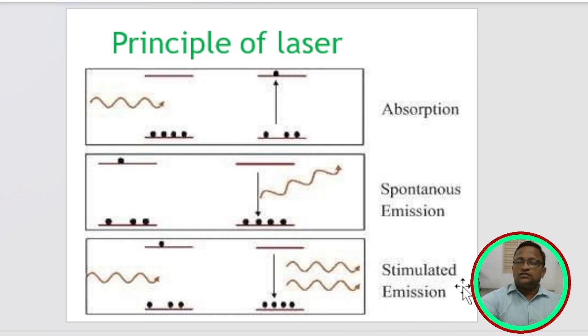It is called stimulated emission. So, the main principle of laser emission is based on the stimulated emission process. Why? Because the emitted photons are in phase with the incident photon, and at the same time they are all coherent.